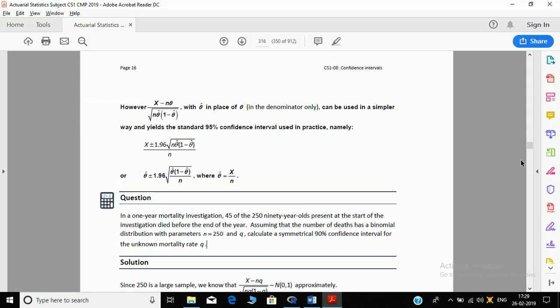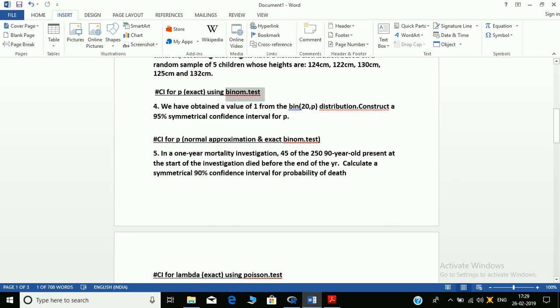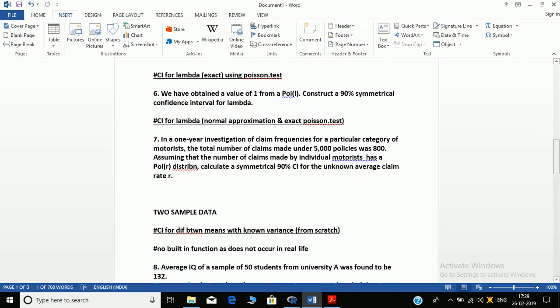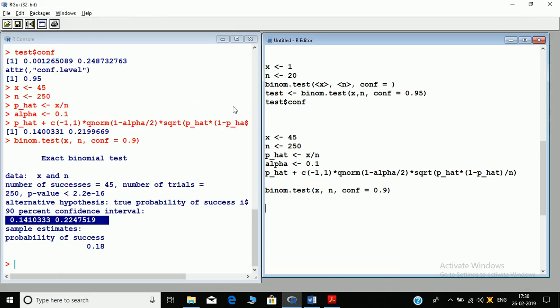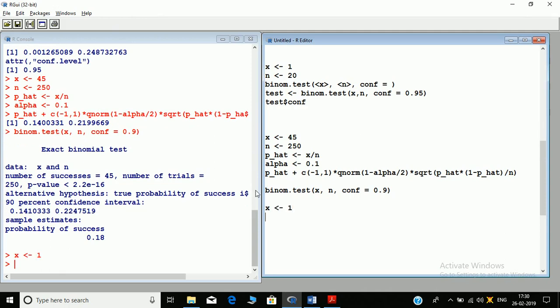Next, moving on. CI for lambda, exact, using Poisson dot test. So we have obtained the value of 1 from the Poisson L distribution. Construct a 90% symmetrical confidence interval for lambda. So here also x is 1 initially.